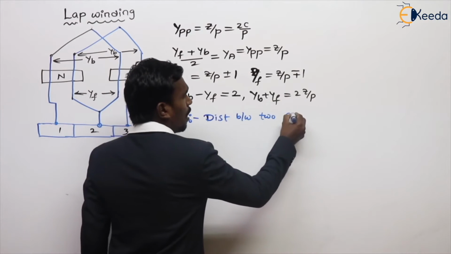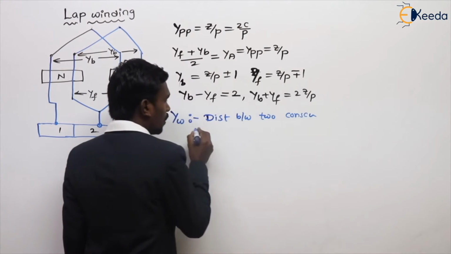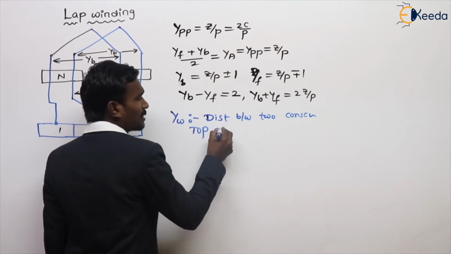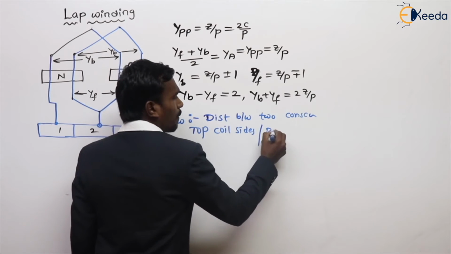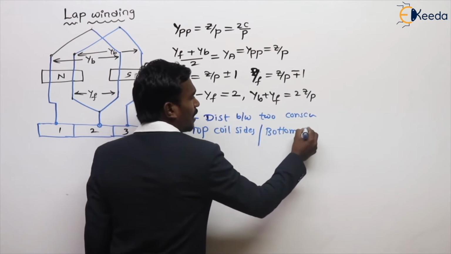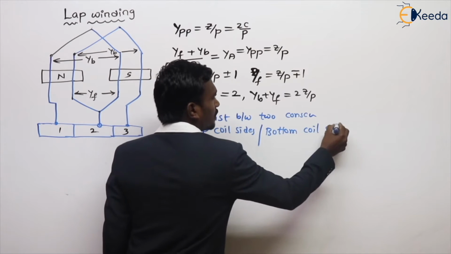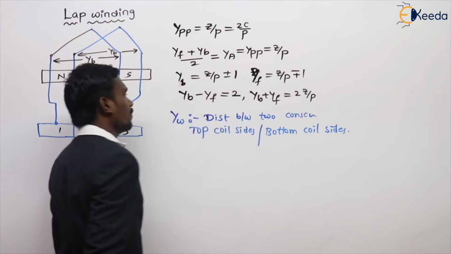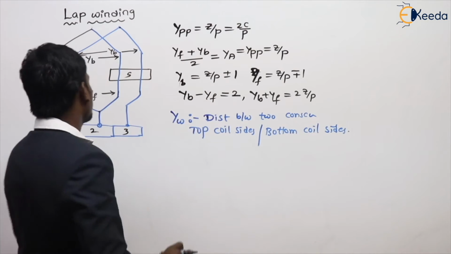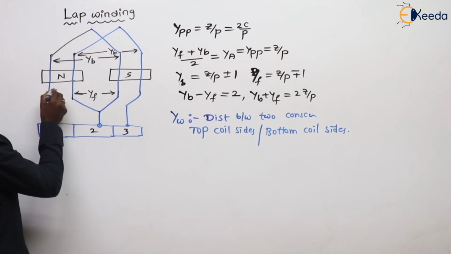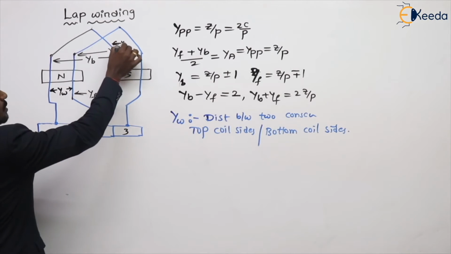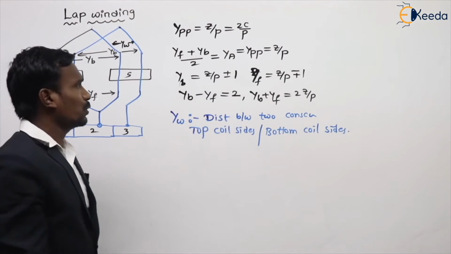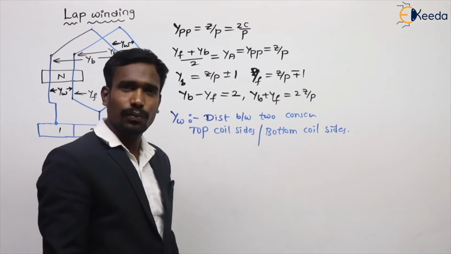This is generally what a winding pitch is, nothing but like this: two consecutive top coil sides or bottom coil sides. This is called winding pitch. I will give you clarity in the example.